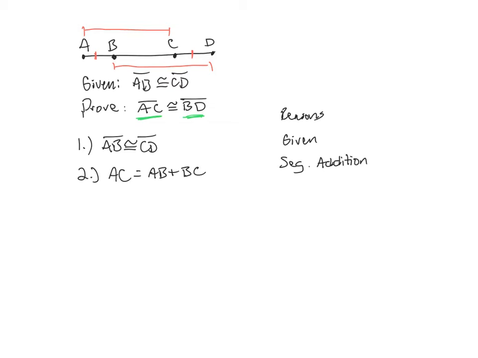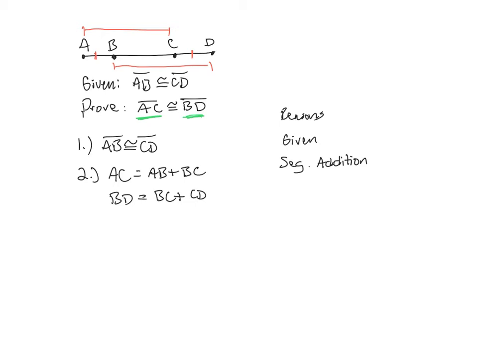And you can do the same thing with angles. If it's not there in any way, shape, or form, you can introduce what you want by saying, well, this bigger angle is these two smaller angles added together. Okay? So I introduced AC, and I can introduce BD the same way, by saying that it's BC plus CD, and it's segment addition.